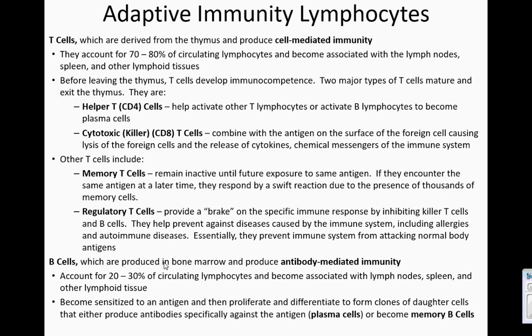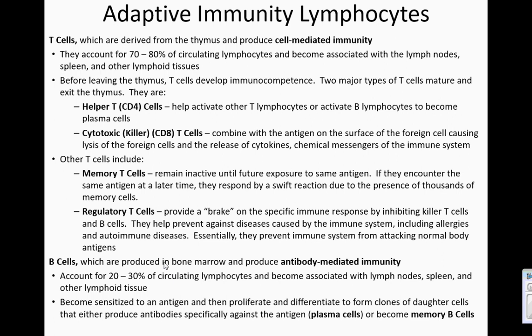B cells from the bone marrow are going to produce an antibody-mediated immunity response. These account for the 20 to 30% of our lymphocytes and also become associated with our lymph nodes, spleen, and other lymphoid tissue. When they become sensitized to an antigen, they will proliferate and differentiate to form clones of daughter cells that either produce antibodies specifically against the antigen or become memory B cells. So these B cells have the capacity to develop into one of two cells.